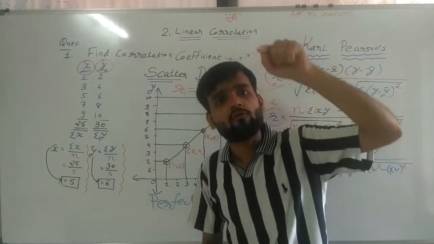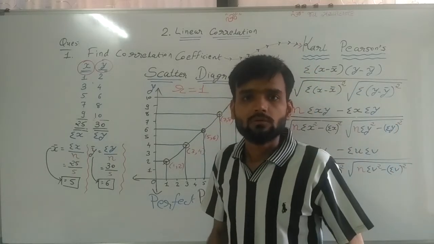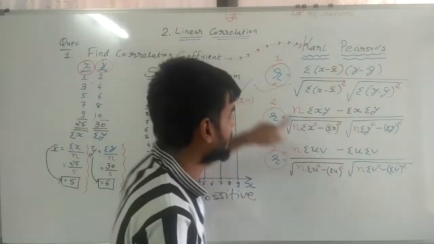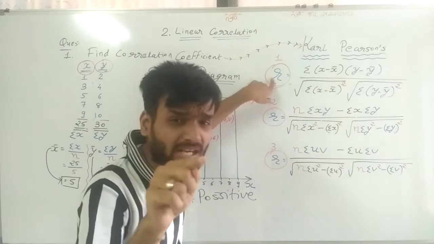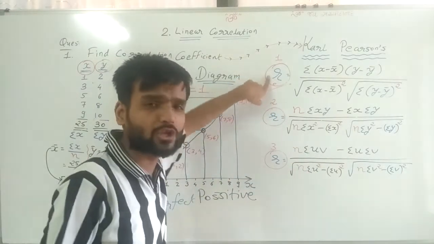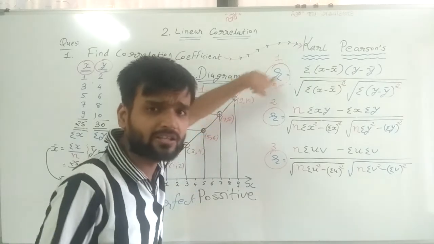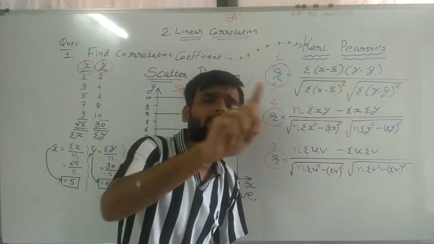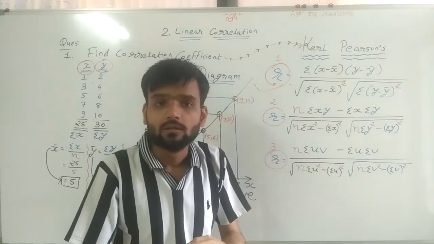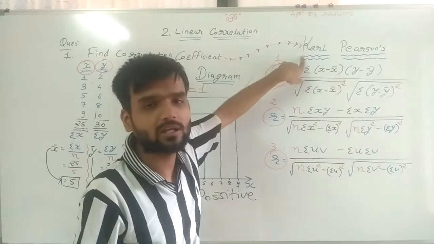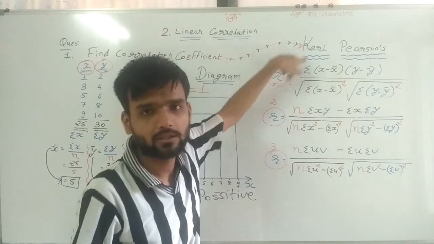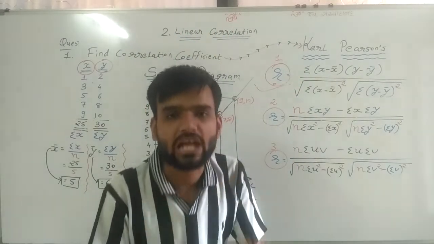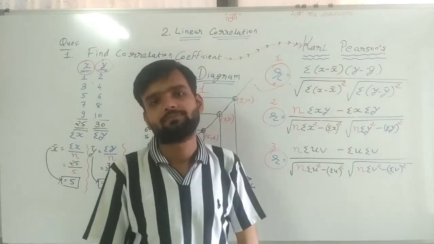Going ahead, to find the value of correlation, we have the correlation coefficient denoted by R, and the value of correlation coefficient R can be found by 3 methods. First, scatter diagram method. Second, Karl Pearson's product moment method. And third, Spearman rank correlation method.